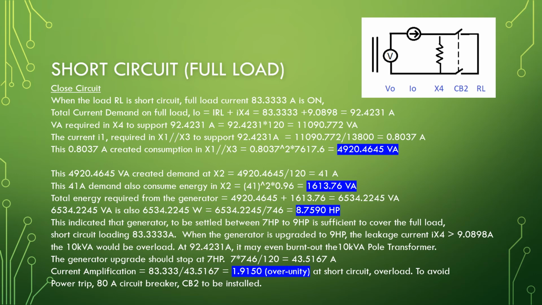Total energy required from the generator equals 4,920.4645 plus 1,613.76 equals 6,534.2245 VA.